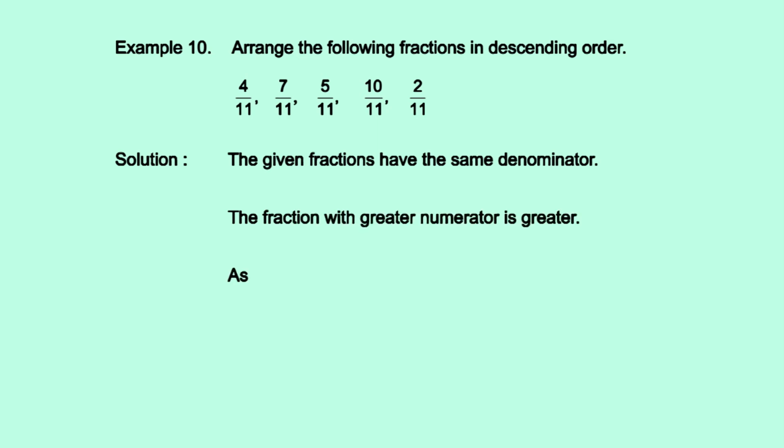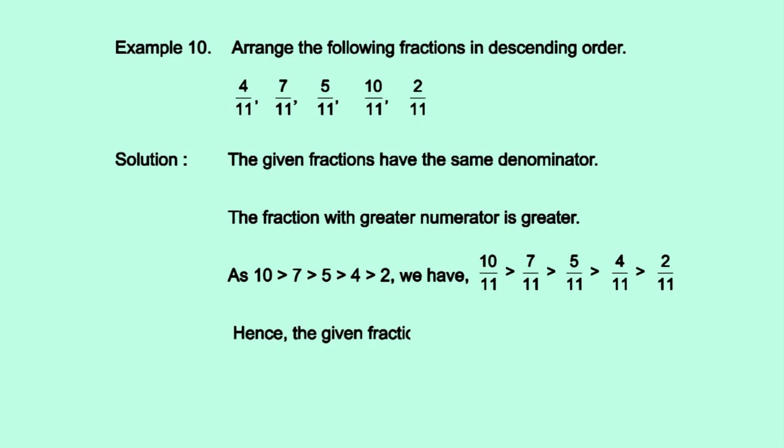As 10 is greater than 7, is greater than 5, is greater than 4, is greater than 2, we have 10 by 11 is greater than 7 by 11 is greater than 5 by 11 is greater than 4 by 11 is greater than 2 by 11. Hence, the given fractions in descending order are 10 by 11, 7 by 11, 5 by 11, 4 by 11, 2 by 11.